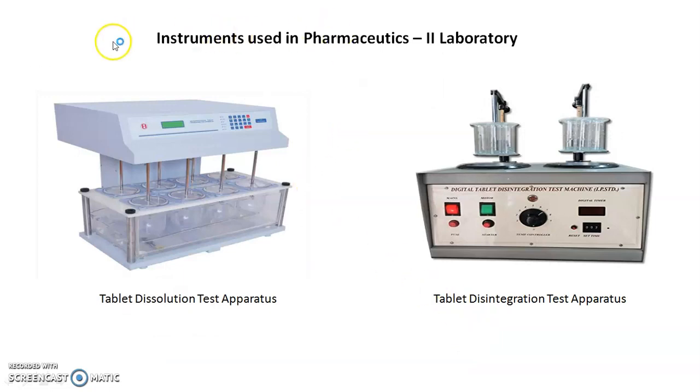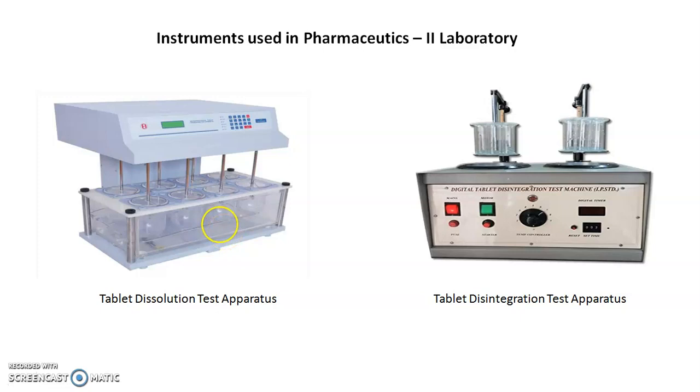Then we will see the instruments used in the pharmaceutics laboratory. First one, that is the tablet dissolution test apparatus, which has 6 baskets or 6 paddles, but there may be more in some cases.